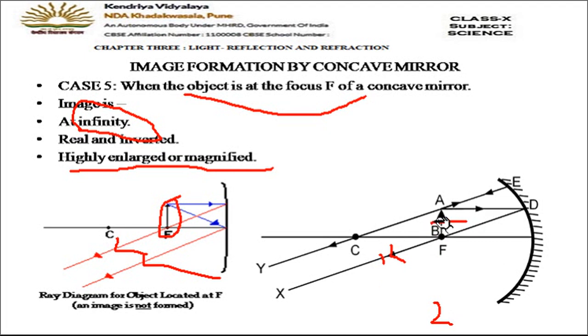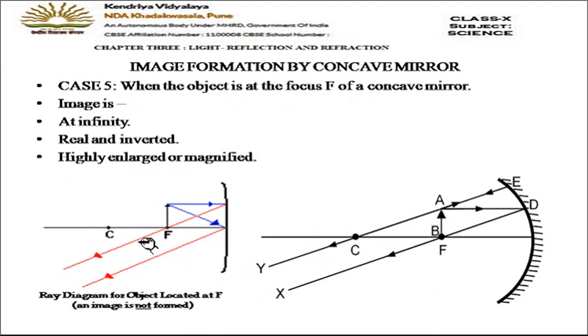Now the second one, you can see it is going in this direction, and if you backtrace it, it passes through C. If it passes through C, it retraces the same path, so a single line you can draw like this. And this is reflected ray 2. So 1 and 2 are parallel to each other. And when the reflected rays are parallel, the image formed is at infinity. Image formed at infinity, real and inverted, and highly enlarged, or you can say magnified.